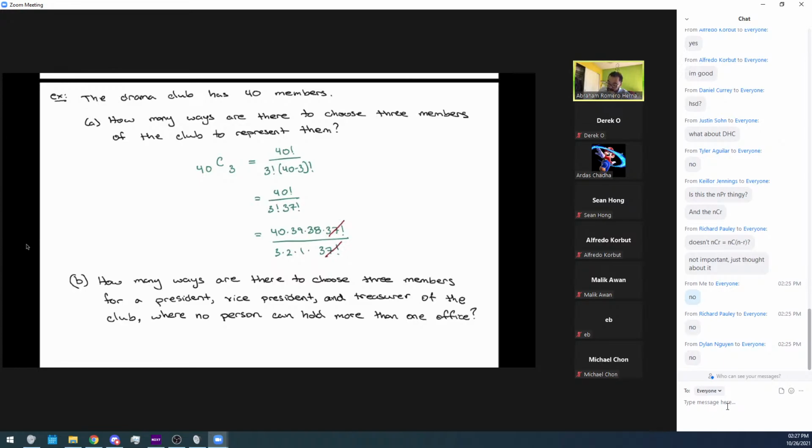Notice that this 3 can go into anything? Into 39, 13 times. 2 can go into 38, 19 times. So what we really have is 40 times 13 times 19, which is a lot simpler to calculate. That's going to be 9,880 ways.